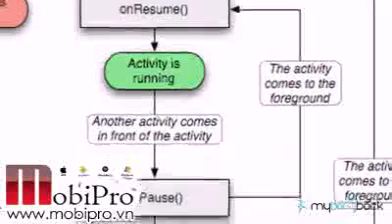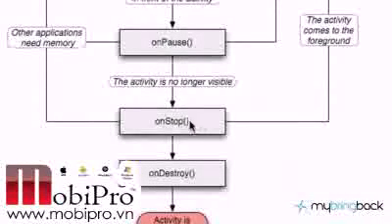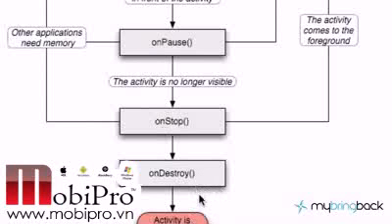And then there are onStop and onDestroy before your activity kills itself. Basically, if your activity is paused and waits too long, or it's not visible, as it says here, and then your phone or other applications need more memory, it's going to kill the activity.